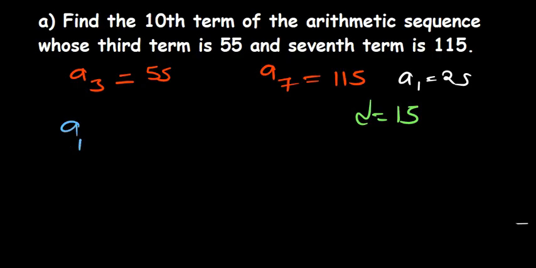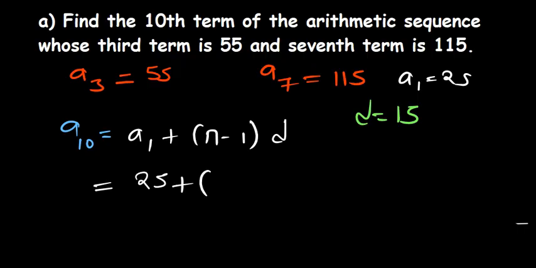How do we find the 10th term now that we have what we needed? So a10 is going to be dependent on the first term plus n minus 1. This formula becomes easily recalled, especially when you practice more questions. So the first term is 25.